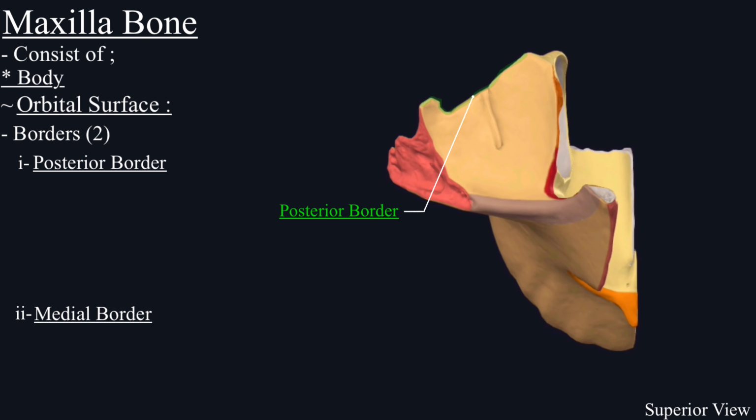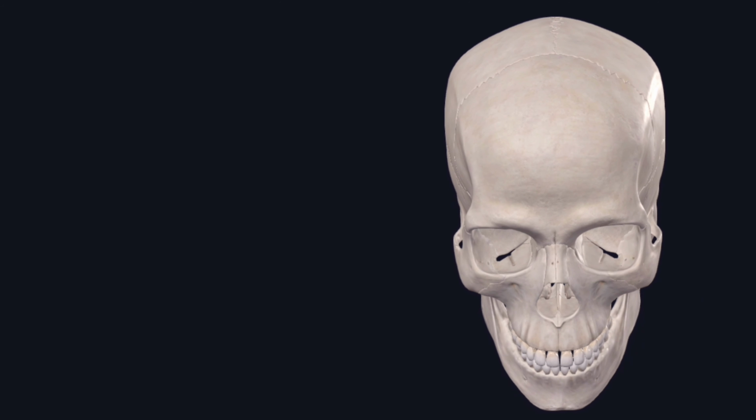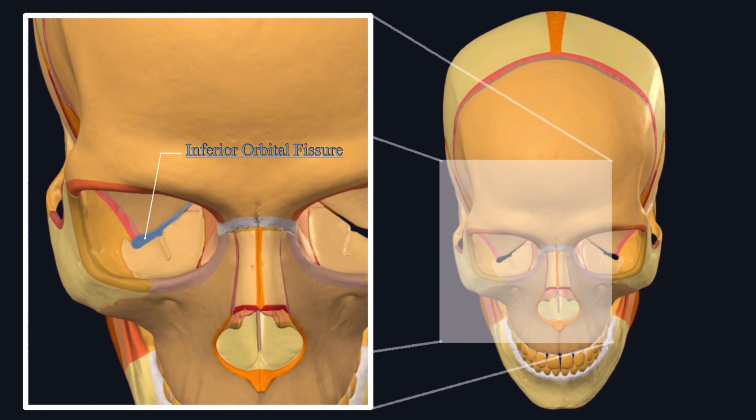The posterior border is free, which means it is not attached to any bone, and it forms the anterior medial boundary of the inferior orbital fissure. In the complete skull model, this is the inferior orbital fissure. The anterior medial boundary of this fissure is formed by the posterior border of the orbital surface.